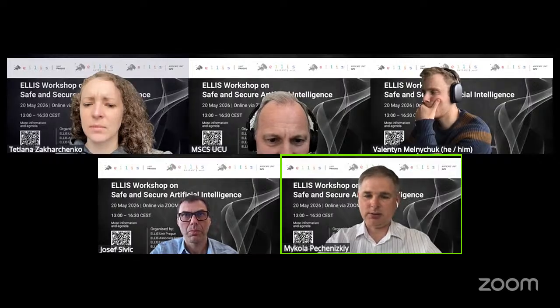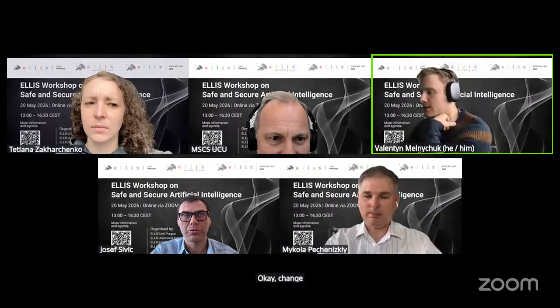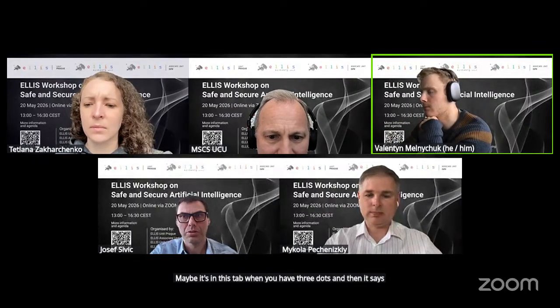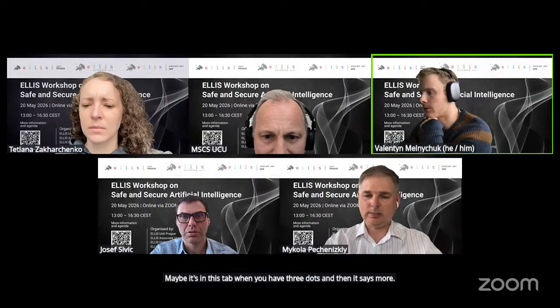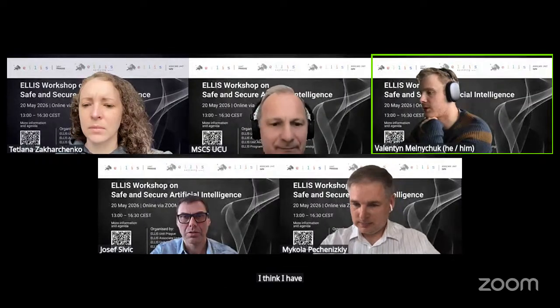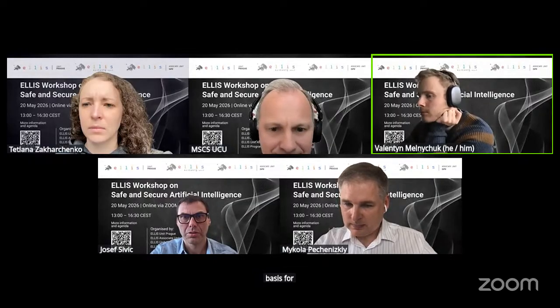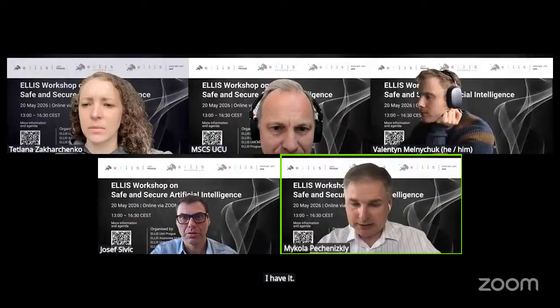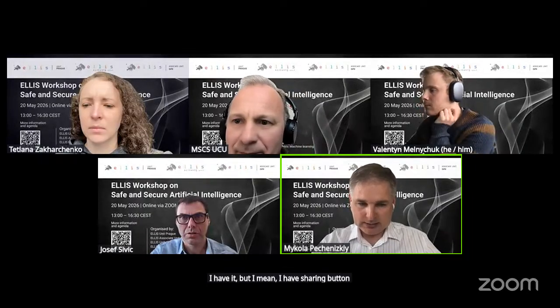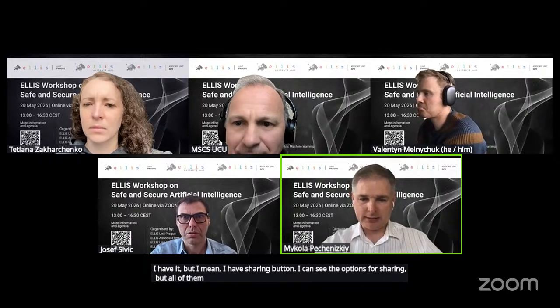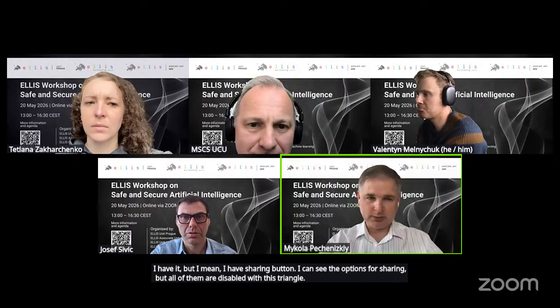Maybe it's in this tab when you have three dots and then it says more. You can have participants, raise hand, share, Q&A. I have it, but I mean, I have a sharing button. I can see the options for sharing, but all of them are disabled with this triangle. I never seen such settings before.